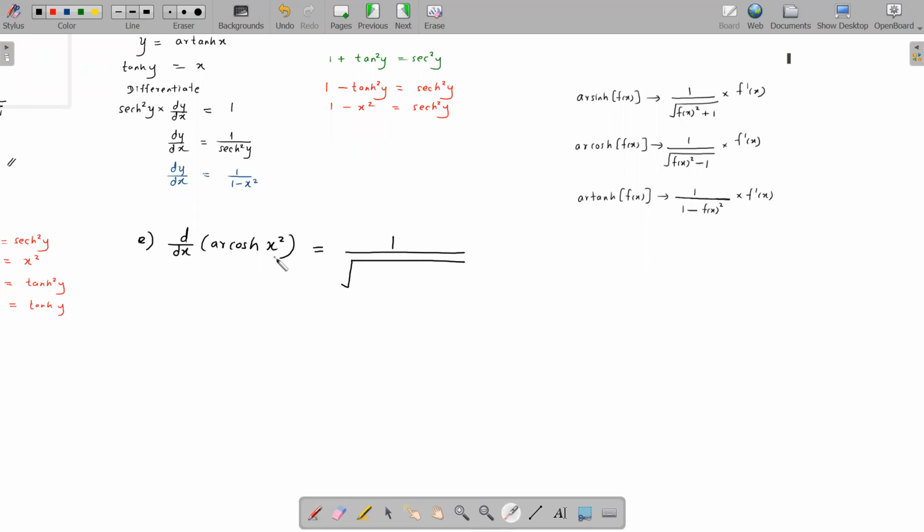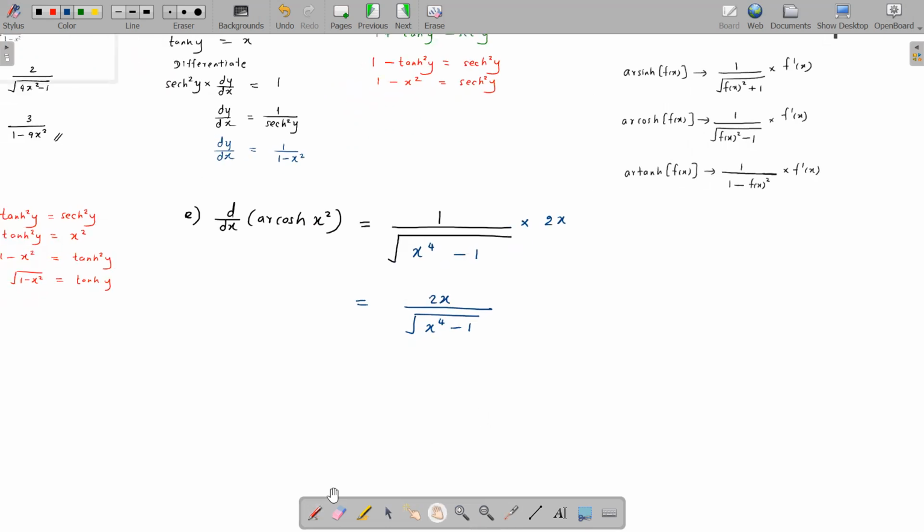When you square x square, you get x to the power 4, minus 1. Then into the differentiation of your f(x). Your f(x) is x square, and the differentiation of x square is 2x. So basically you end up getting 2x over root x to the power 4 minus 1.